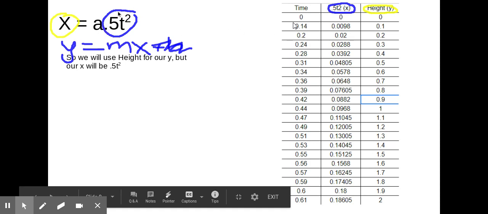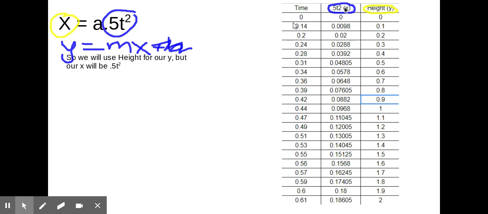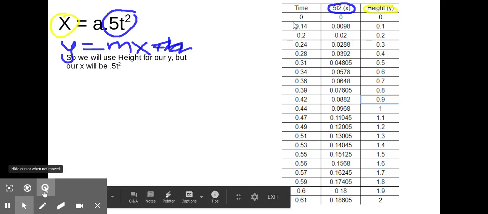But what I plug in for my x is going to be the 1/2 t squared, because then when I look at the slope of that line, the slope is going to represent the acceleration due to gravity.